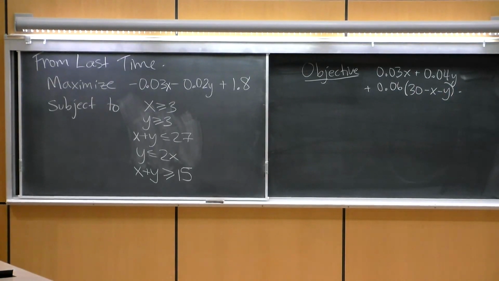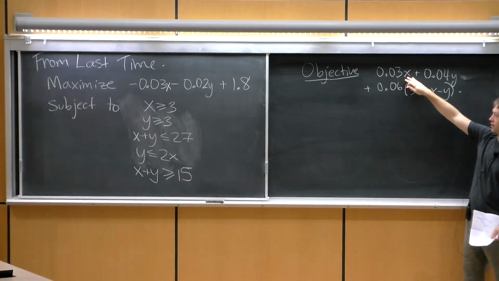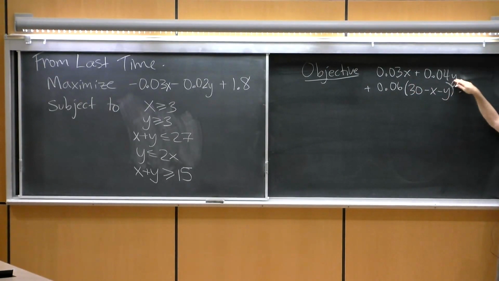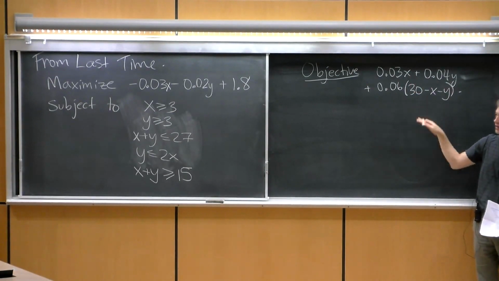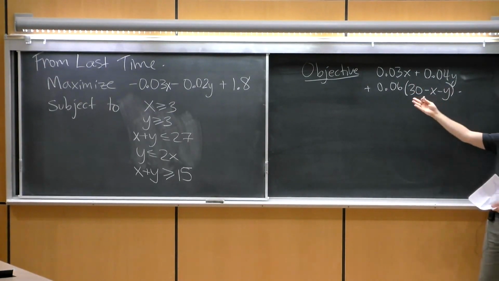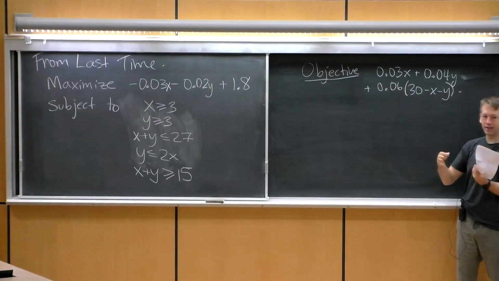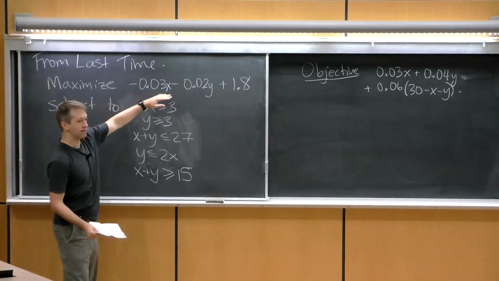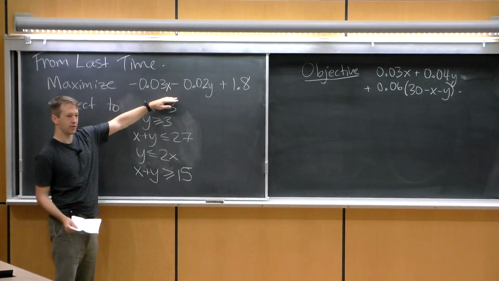We were trying to maximize this function, which is a 3% return on treasury notes, 4% on bonds, 6% on stocks. But if you multiply this out and rearrange things, you'll see that it's the same as this function here. So that's where this comes from.